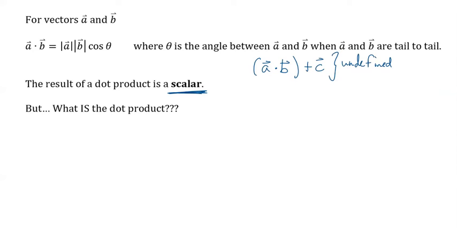What if I did this? Why? So this results in a scalar, and you can multiply by a vector.